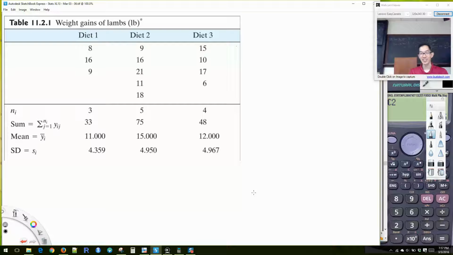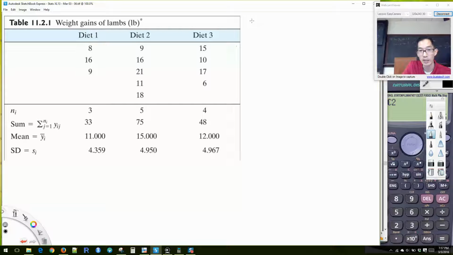So this lamb on diet 1 gained 16 pounds, where the other 2 only gained 8 or 9. On diet 2, all of these lambs gained a bunch. This one gained 21 pounds, but this one only gained 9, and so on. A bunch of lambs, a bunch of different weight gain values.